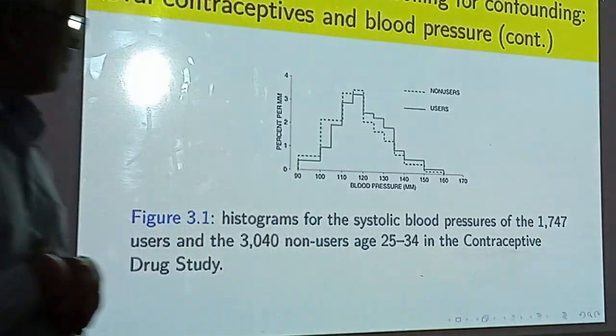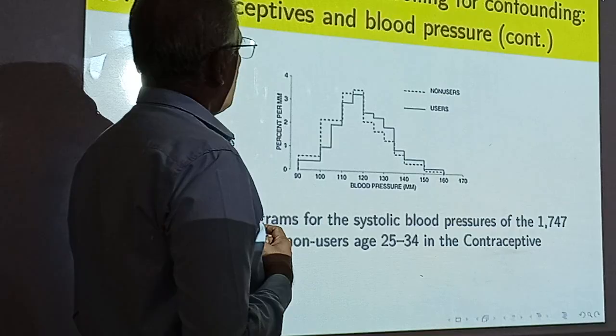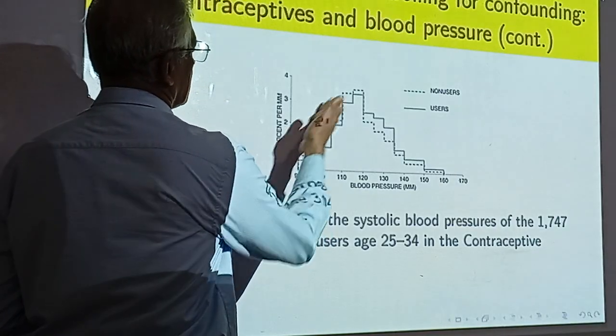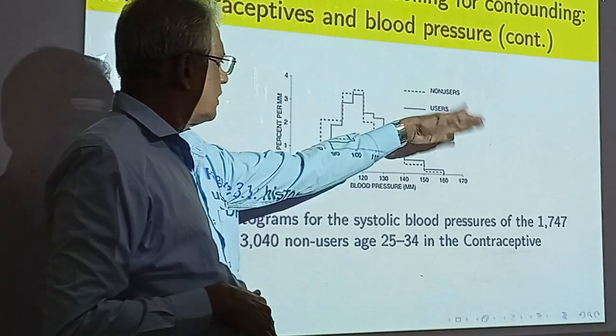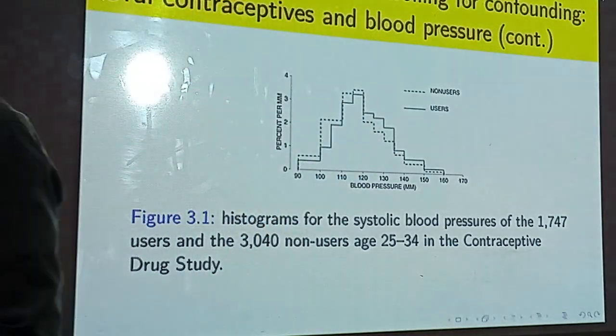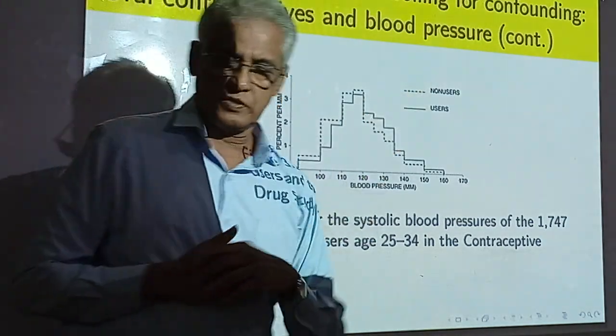So in this picture also we see the same phenomenon that we saw in the original one, when you put all the people together. Again, one distribution is always above the other in one part, and the other distribution is always above the other in the other part. So still there is a systematic difference.